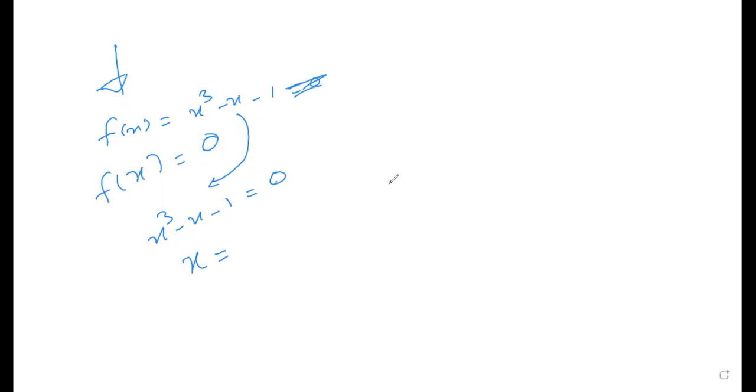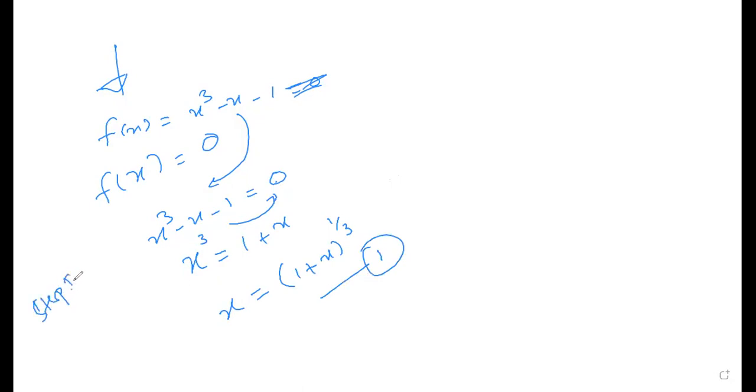There are many ways you can find it. For example, if you keep x cube on this side, all the other terms will go to the other side: 1 plus x. So I can take one of the equations as, for example, x equals (1 plus x) to the power 1 by 3. This is also one of the choices for g of x. Now we are only in step 1.